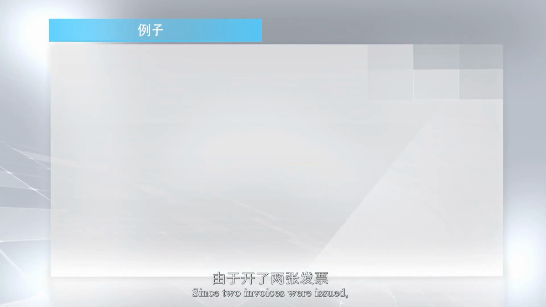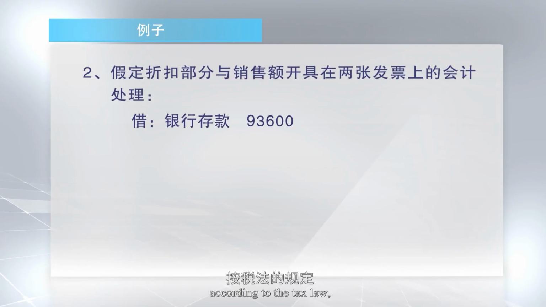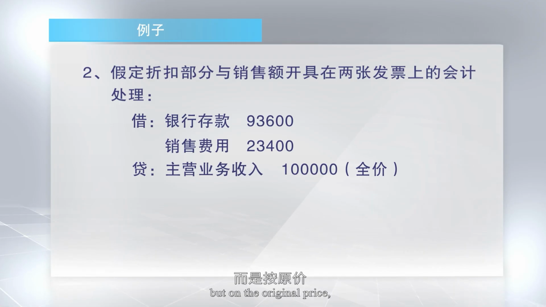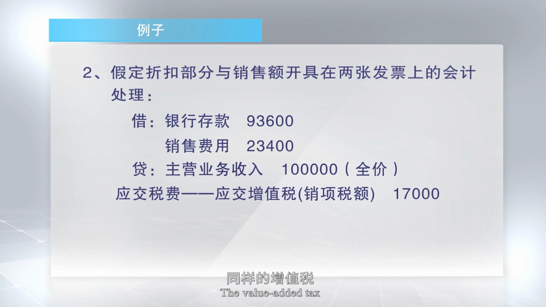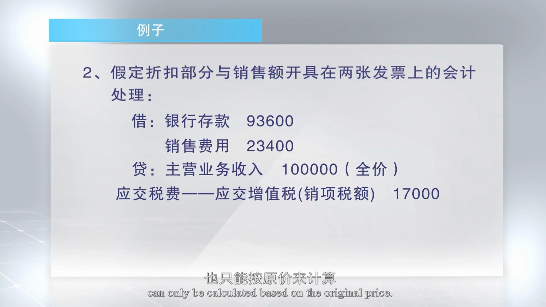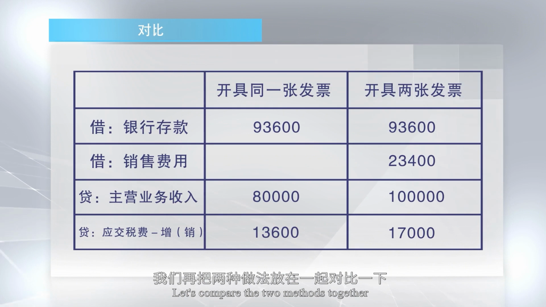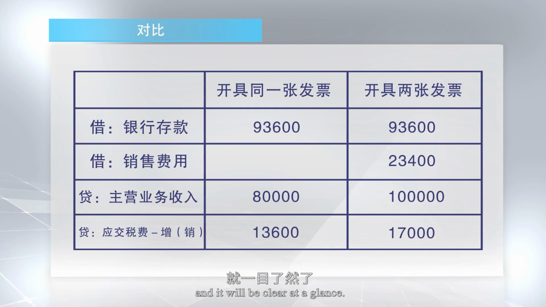Since two invoices were issued, according to the tax law, the revenue cannot be calculated based on the discounted price, but on the original price, which is 100,000. The value-added tax can only be calculated based on the original price: 100,000 multiplied by 17% equals 17,000. Let's compare the two methods together, and it will be clear at a glance.